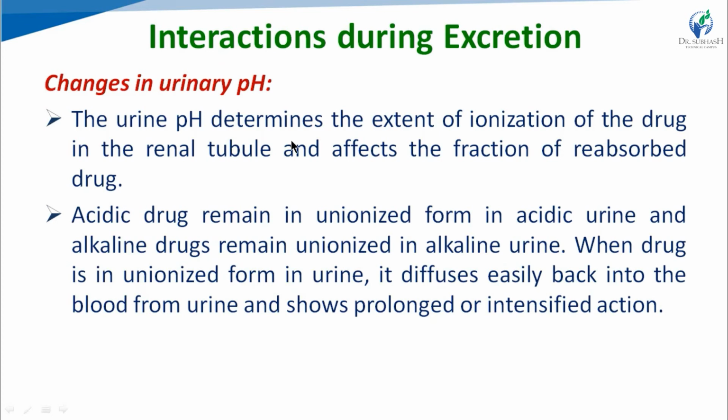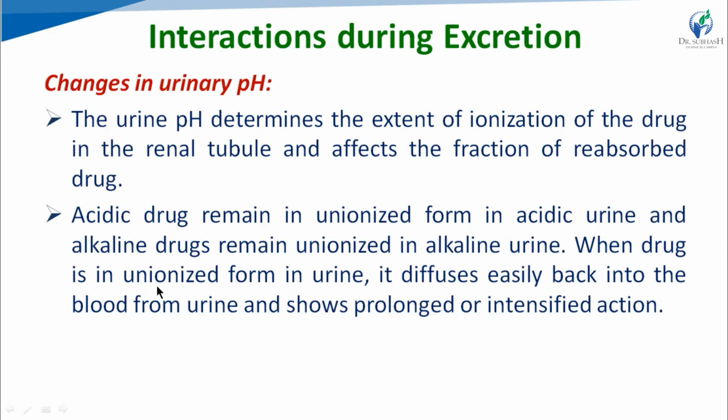So we will see these changes in urinary pH. The urine pH determines the extent of ionization of the drug in the renal tubule and affects the fraction of reabsorbed drug. Acidic drugs remain in unionized form in acidic urine, whereas alkaline drugs remain unionized in alkaline urine.